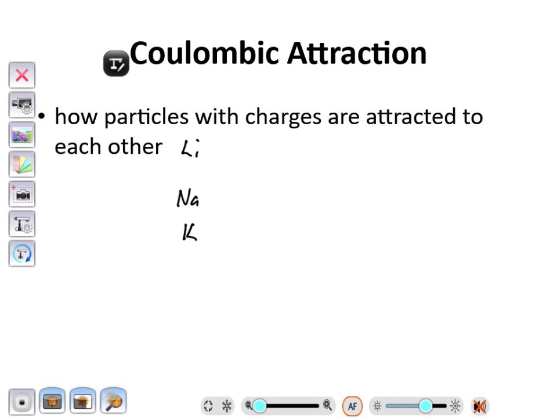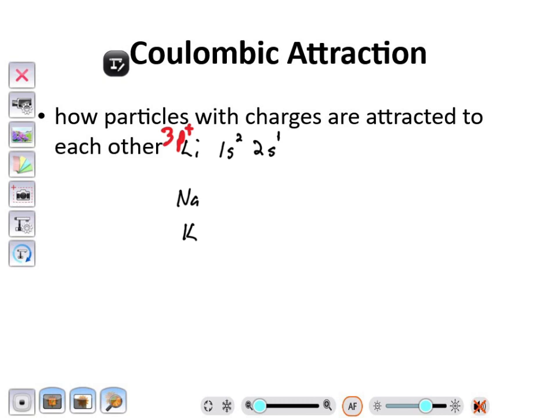So it's got 3 protons and 3 electrons then, so 1s2, 2s1.